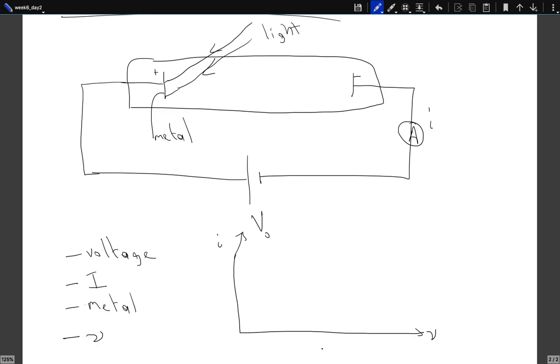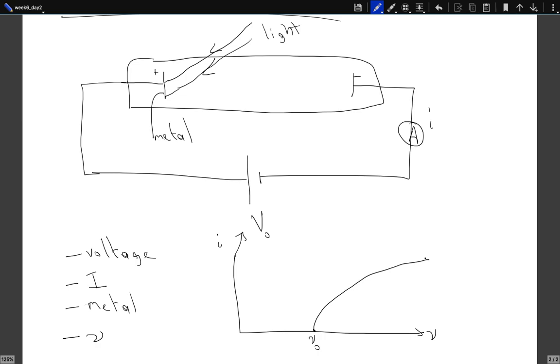So what's the kinetic energy of the electrons? Well, the observation is that up to a given frequency there is no current, whatever you do with the intensity.